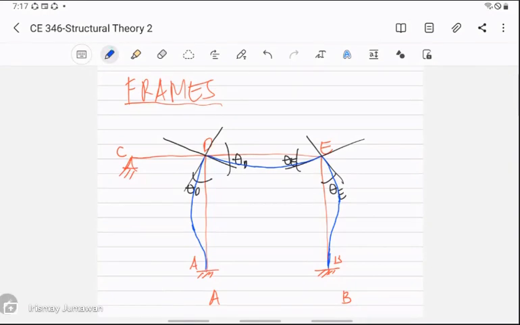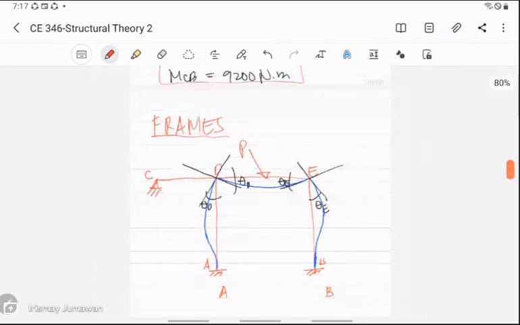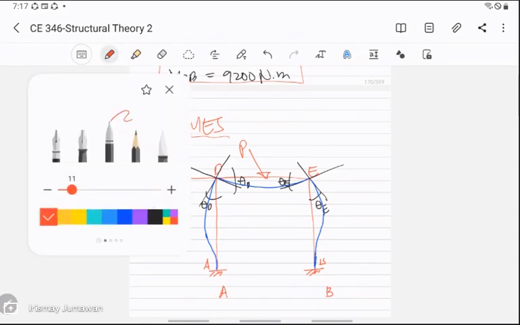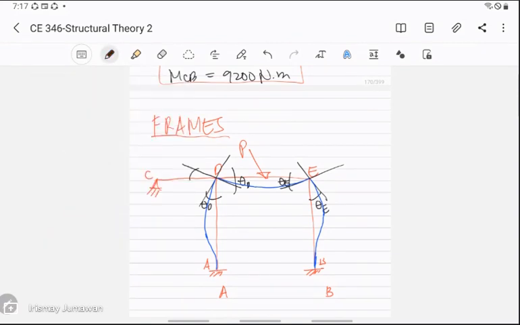Our load will be like that. If your load is at an angle or inclined, you have to get the X and Y components of your P so that it can rotate at any support. So here, this is also at MA, this is also your angle of rotation, theta.